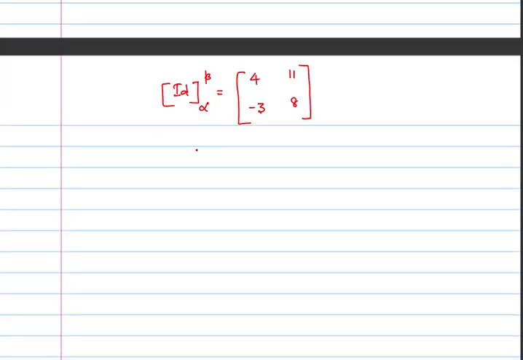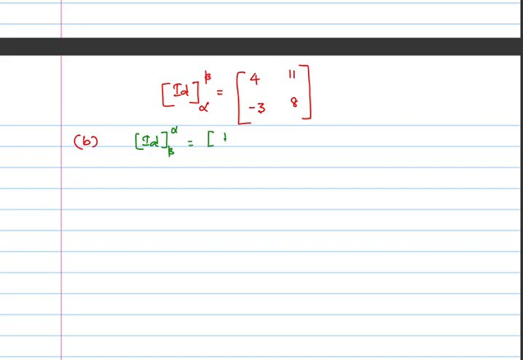The second problem is I want to find the transition matrix from beta to alpha. Here we are going to use the same idea.